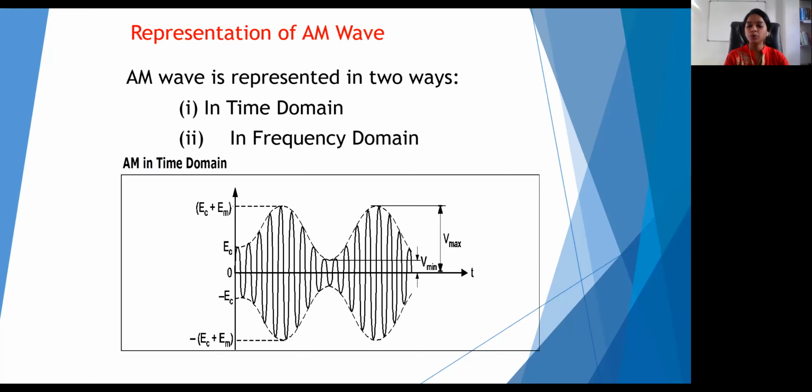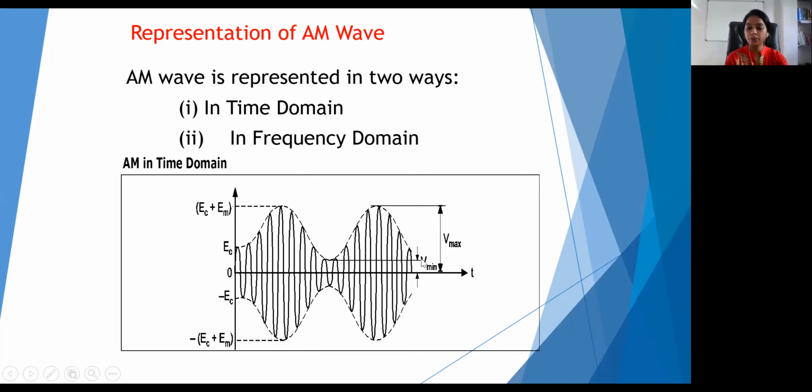How we represent amplitude modulation in time domain is that the waveform has its amplitude varying each time, with the incoming time the amplitude is varying and the frequency is constant. यहाँ पे देखो क्या क्या चीजें हम रिप्रेजेंट कर रहे हैं, carrier amplitude, this is modulating frequency amplitude, and here we go on the negative side, so this is minus of Ec, minus of Ec plus Em. This is V minimum and this is V maximum.